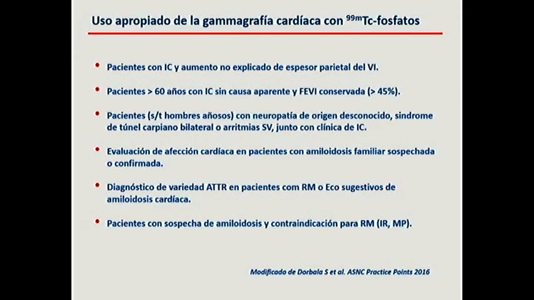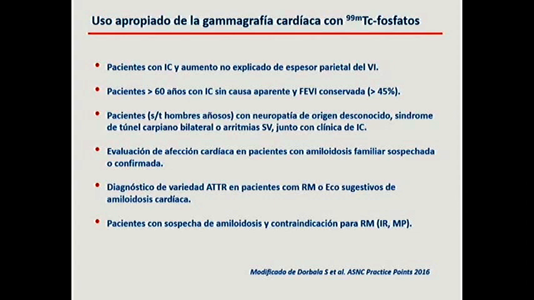Patients, mostly older men, with unknown neuropathy, bilateral carpal tunnel syndrome, arrhythmias. Evaluation of cardiac affection in patients with familial amyloidosis that is suspected or confirmed, even if they are asymptomatic.